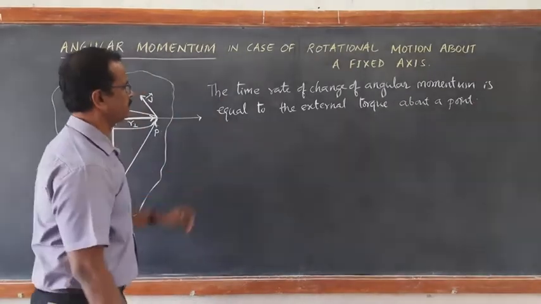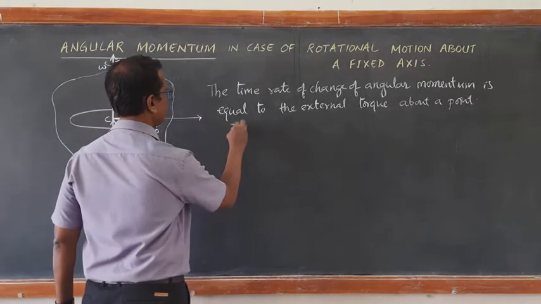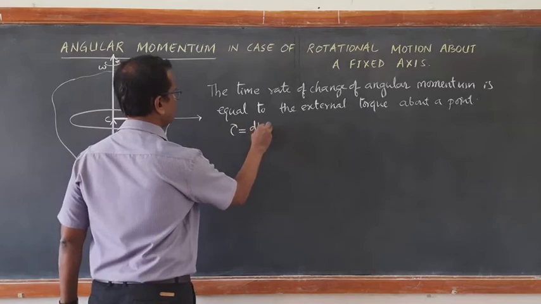This is what we have already learned. Accordingly, you can write torque tau is equal to dL by dt.